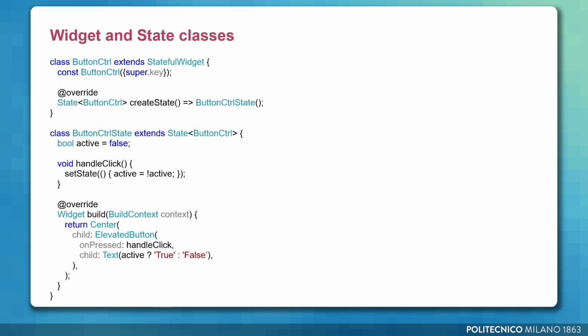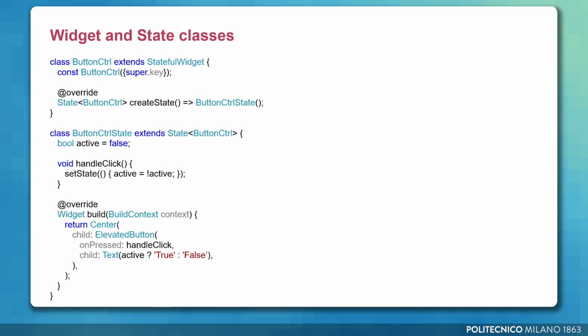The state class, commonly named button control state by convention, extends state button control, although the name itself can be anything. This class holds the widget state, which in our case is a single Boolean variable, active, initially set to false.